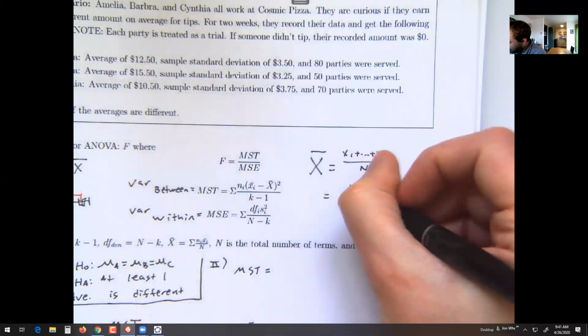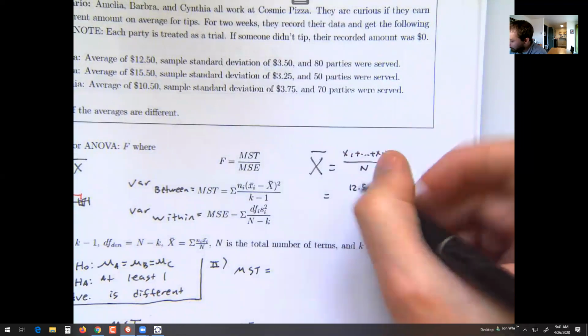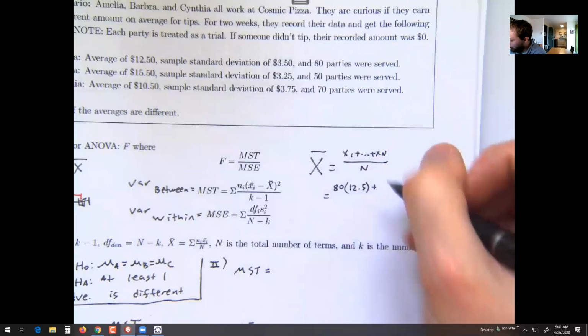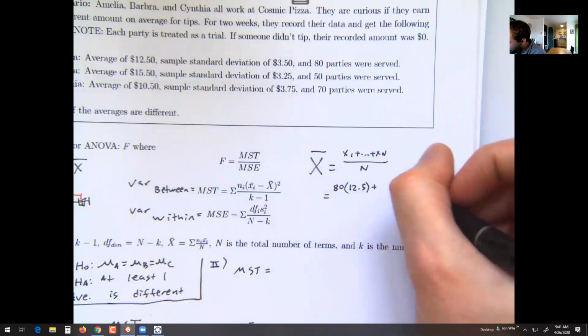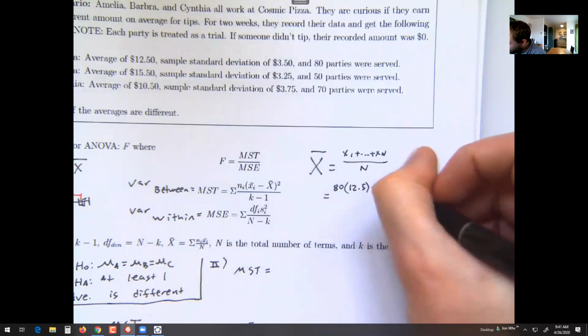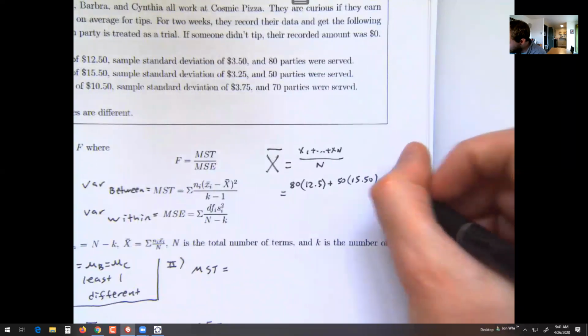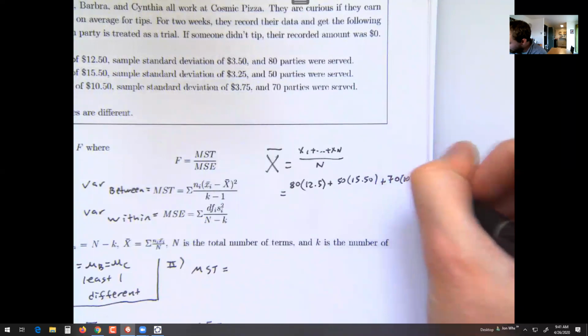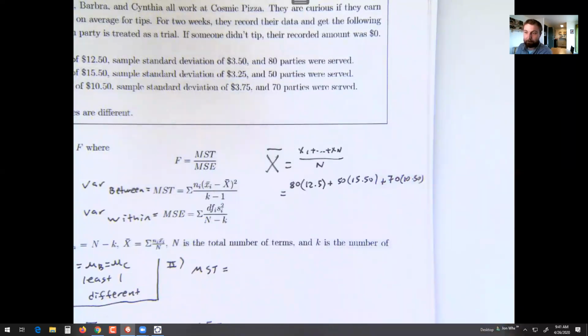Amelia had an average of 12.5, and she had this for 80 people. Barbara had an average of 15.5, and the weight for this was 50. And finally, Cynthia had 70 individuals with an average of 10.50.